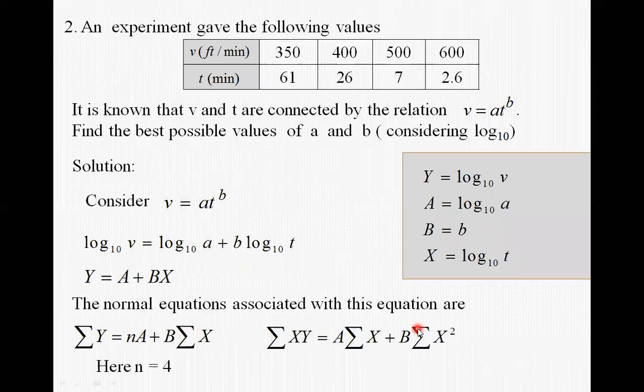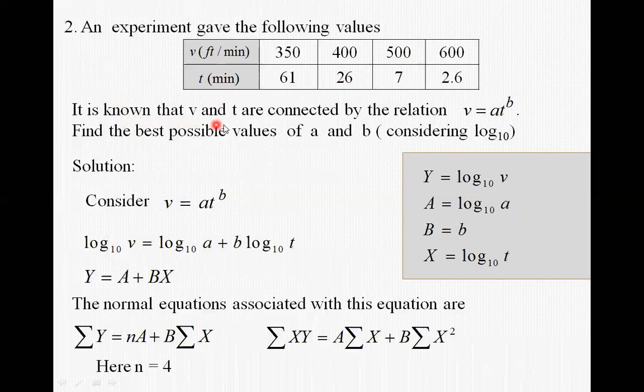Now we will solve one more problem. An experiment gave the following values. V in feet per minute is 350, 400, 500, 600, and time t in minutes is 61, 26, 7, 2.6.